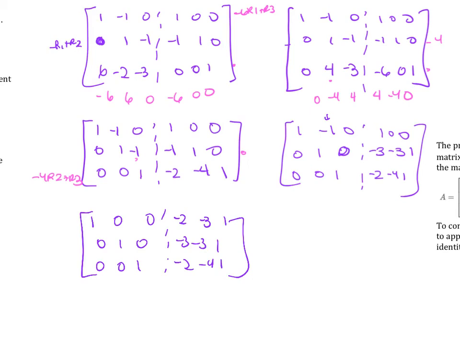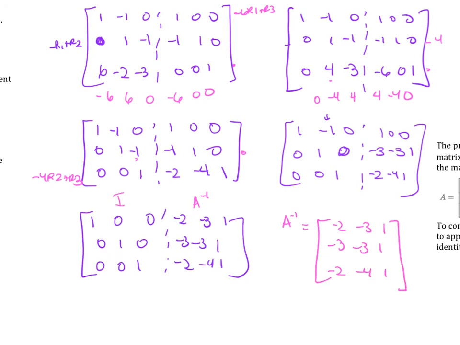Notice on the left side we now have the identity, and on the right we have the inverse of A. So A inverse is -2, -3, 1, -3, -3, 1, and then -2, -4, 1.